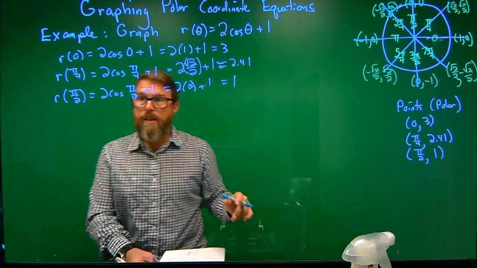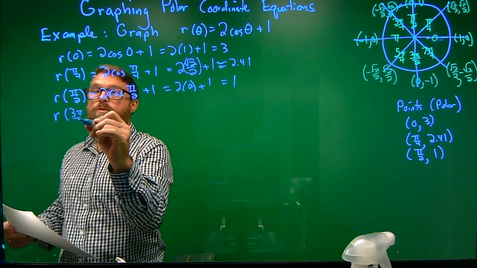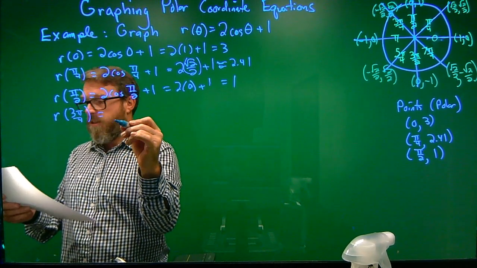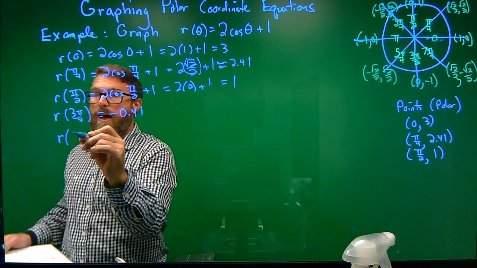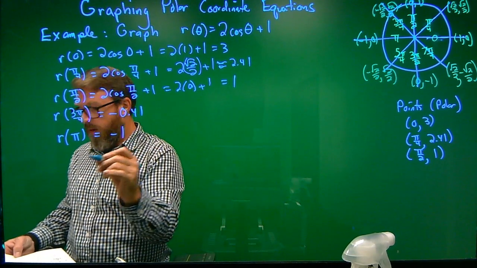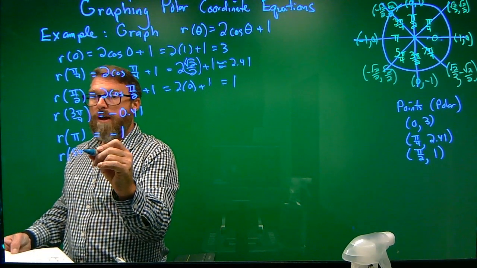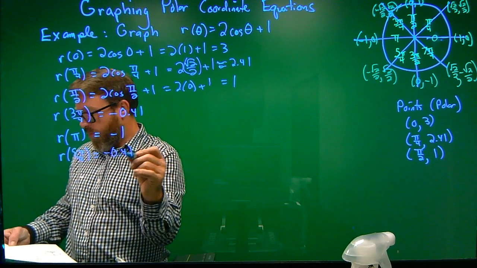So we can continue this with all these angles. So r of 3 pi over 4, and we're kind of getting the hang of this. So this is going to give us negative 0.41. R of pi is going to give us negative 1. R of 5 pi over 4 is going to give us negative 0.41.